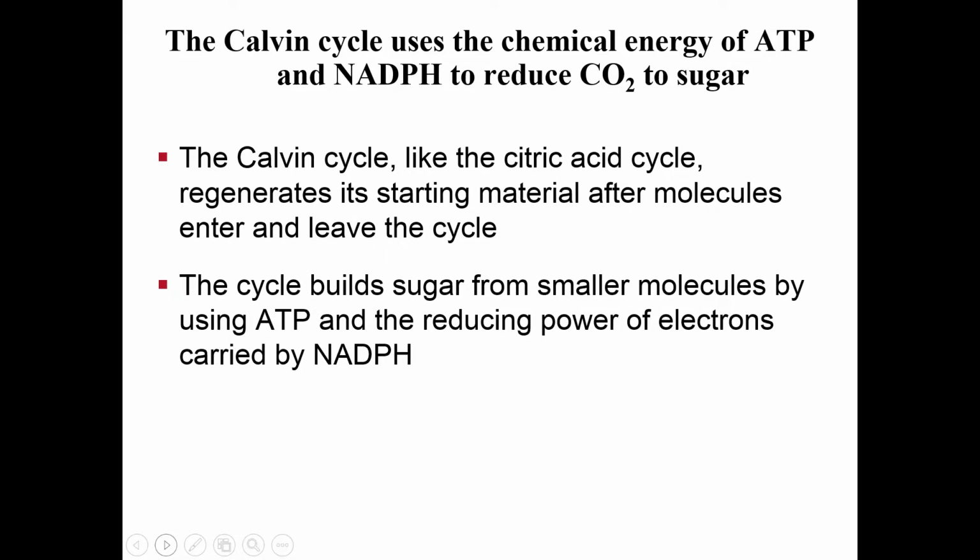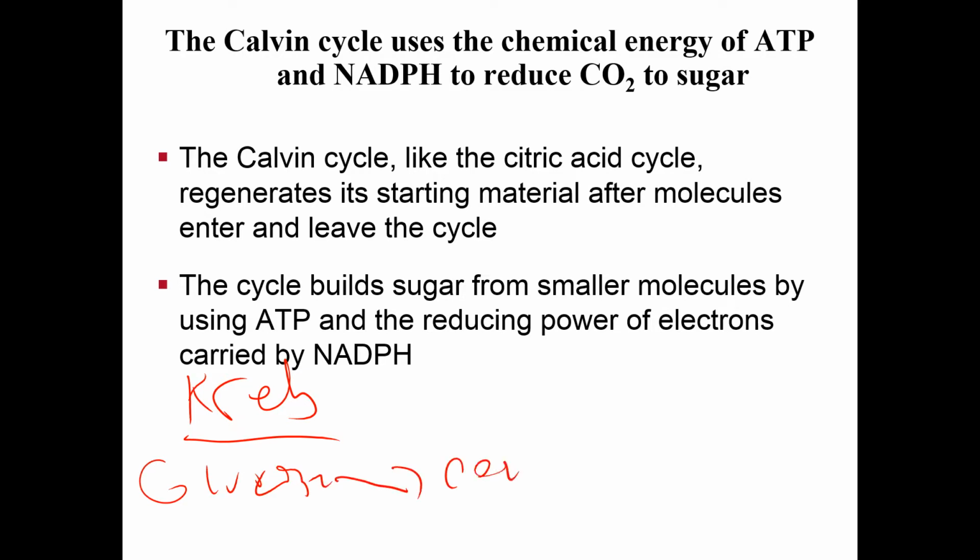Alright, so the Calvin cycle. It is a cyclical metabolic pathway. Alright, but they're the opposites of one another. Okay? So, when you're talking about the citric acid cycle, or the Krebs cycle, remember that in the Krebs cycle, when we're taking glucose and breaking it down into CO2, we were oxidizing it.